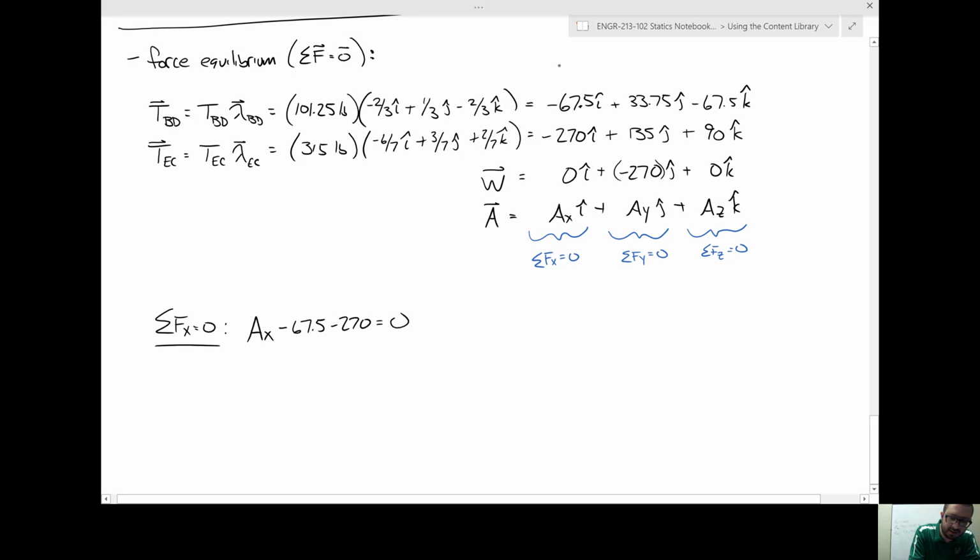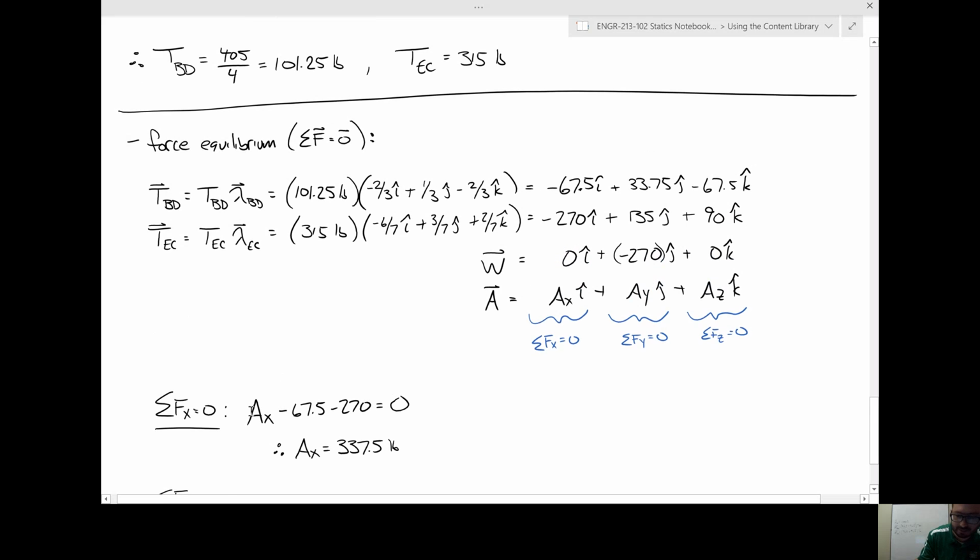Because I'm just basically summing all of the terms times i. And so I look at this and I see, okay, solve for AX. That's pretty easy. Just add everything over to the other side. And so that ends up being 337.5, and that's pounds.